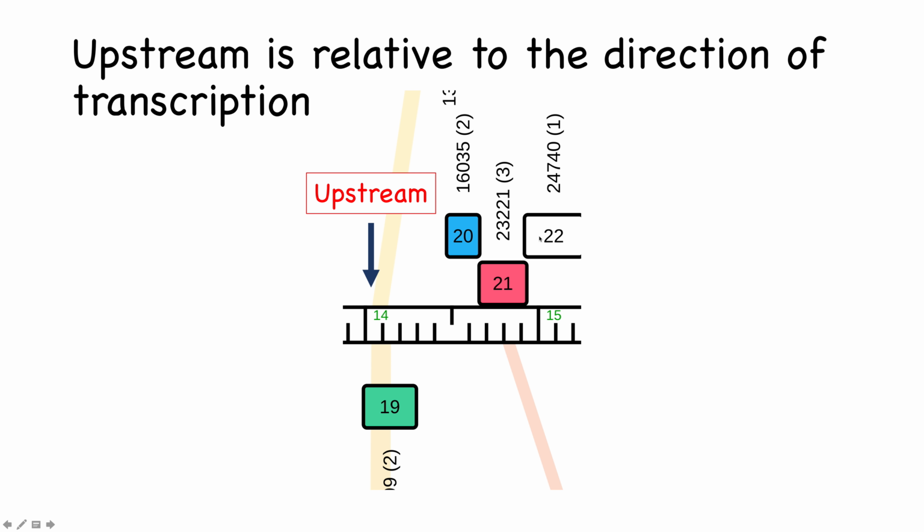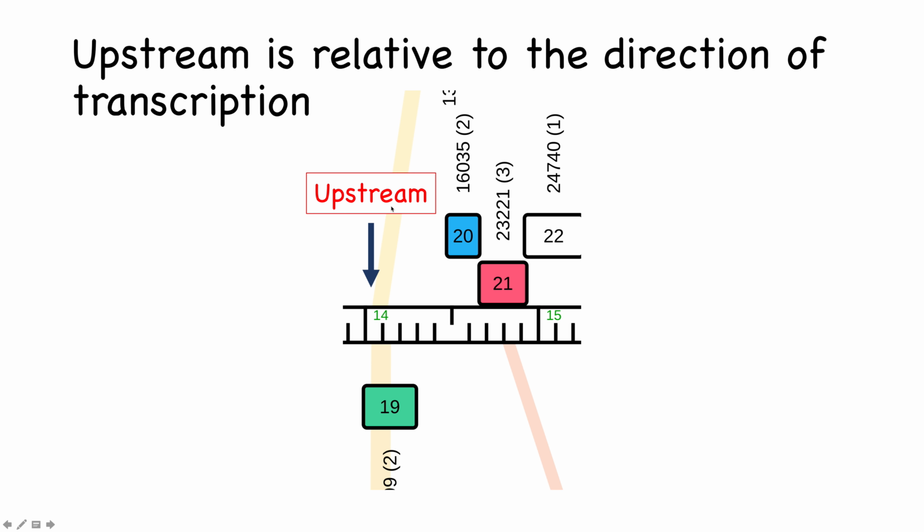Upstream is language that Keith, Melody and I will use very, very frequently, so I want to make sure you understand what we mean by upstream. Here are 3 genes that are forward genes. When we're talking about upstream, we're talking about the flow of transcription.